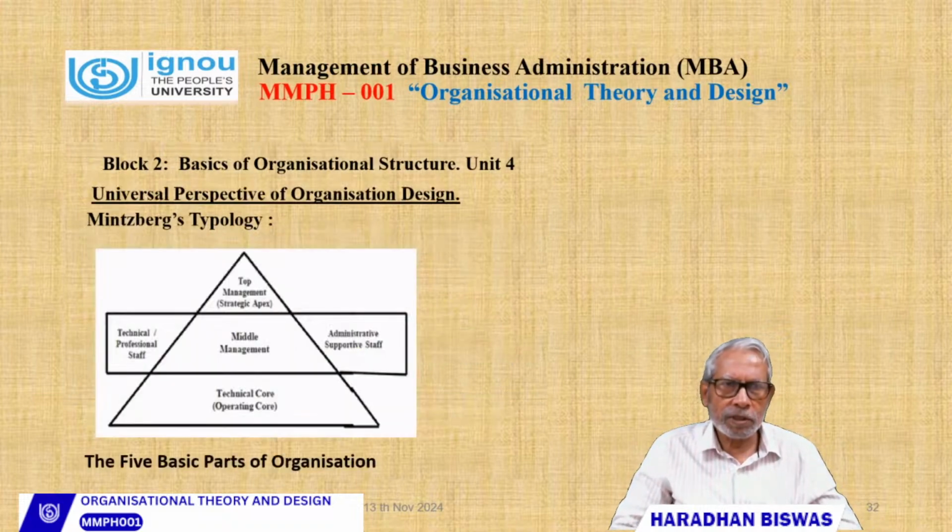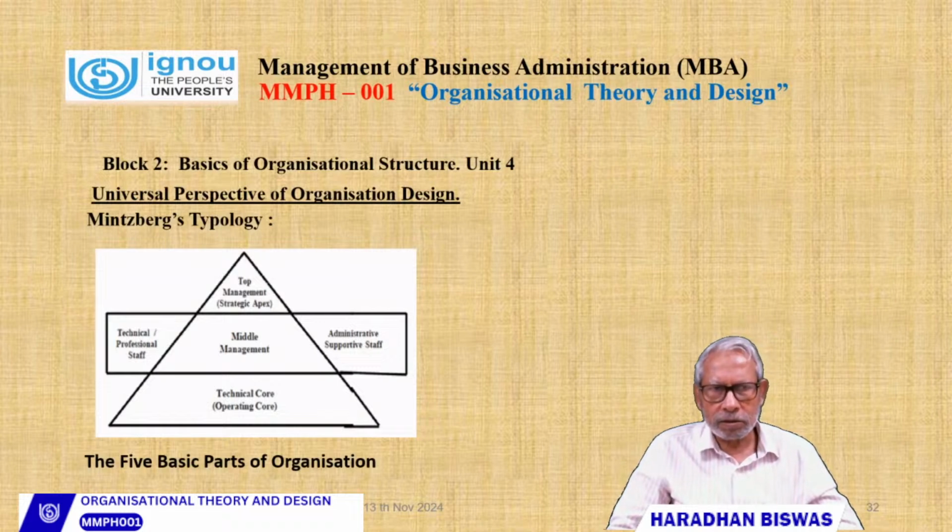Now here some of the typology is given as per Mintzberg's typology. As I said, there are 5 parts. First is your top management, the strategic apex, where people are taking the strategies, how the company runs, perspectives, view, mission, whatever.